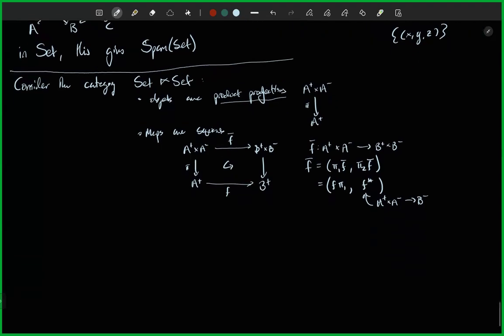So Set times Set has a functor to Set given by the first projection. In other words, it projects out the codomain, is what I should say.